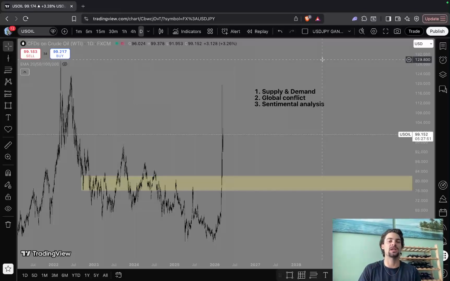If it looks like the global conflict, so the Iranian conflict, the Middle Eastern conflict, if it continues to escalate, more missiles, more drones, troops on the ground, oil will continue to go up. It will continue to go up because now the duration has just gotten lengthened, if that makes sense.